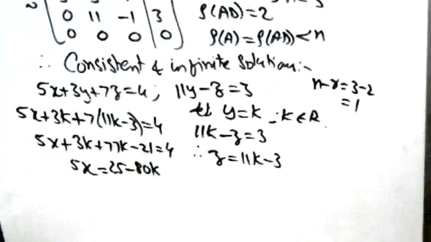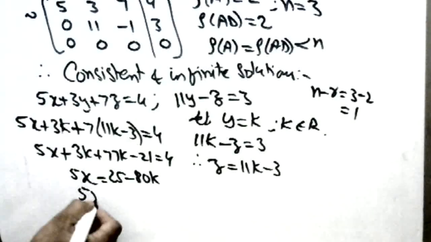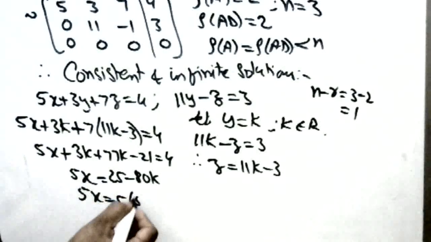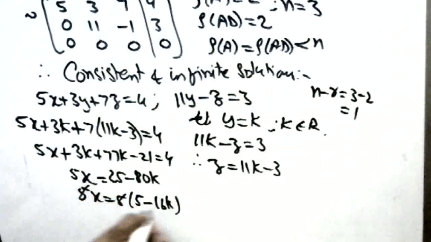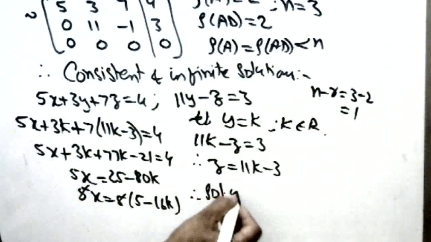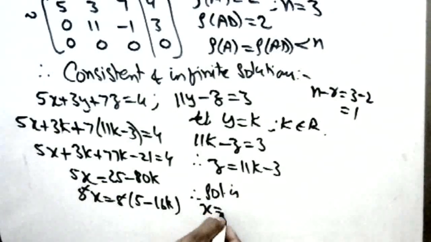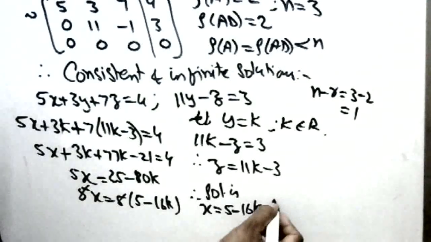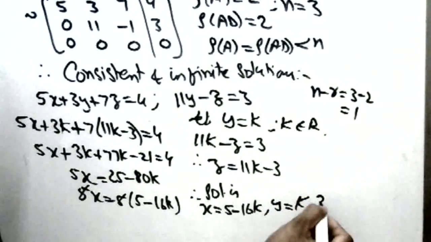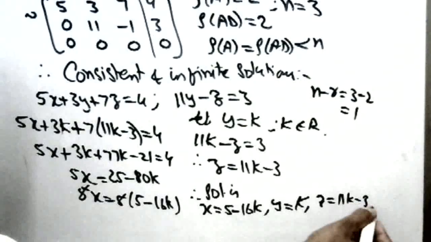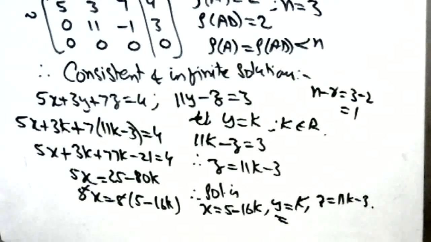Let me take 5 common, 5 will get cancelled. So 5x equals 5 into 5, 16k, and 5 cancels. Therefore the solution is x equals 5 minus 16k, y equals k and z equals 11k minus 3.